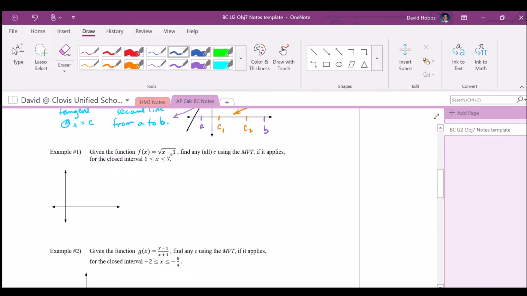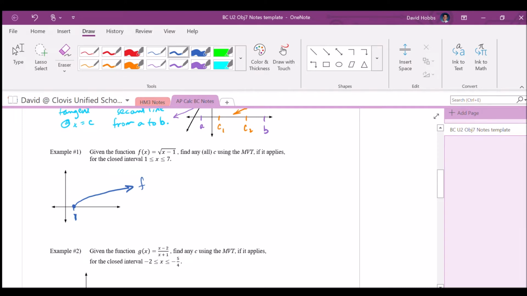So the vertex is at (1, 0), and this one is a half parabola opening up to the right. And my interval is from 1 to 7. So I would say it's fairly safe that the mean value theorem applies, because it's going to be continuous and differentiable on that interval.